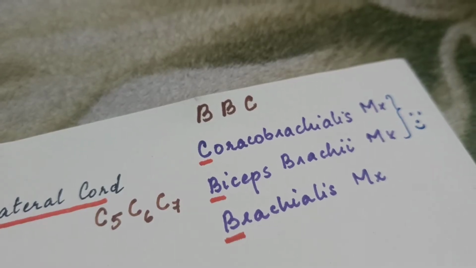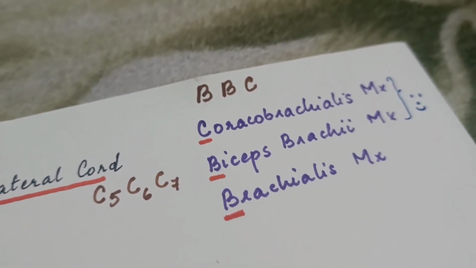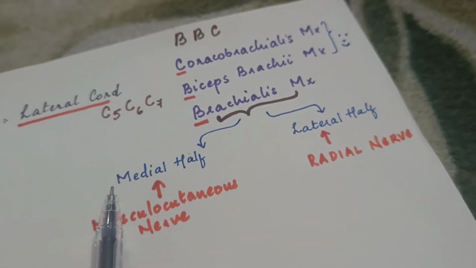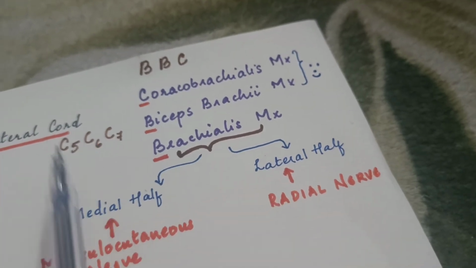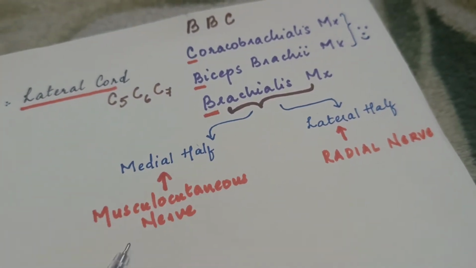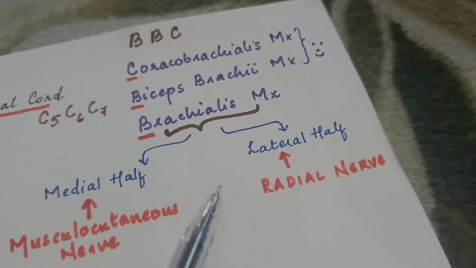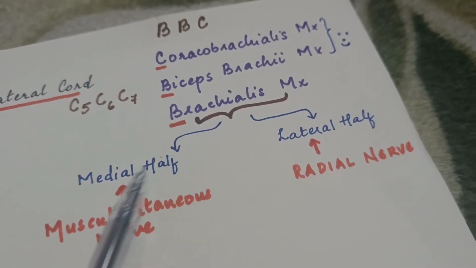Coracobrachialis and biceps brachii are supplied fully, and the brachialis muscle is not supplied fully. We can divide the brachialis muscle into the medial half and the lateral half. The medial half is supplied by the musculocutaneous nerve, but as I told you, the brachialis muscle is not supplied completely by it, only the medial half.